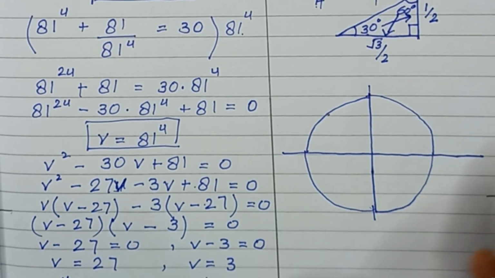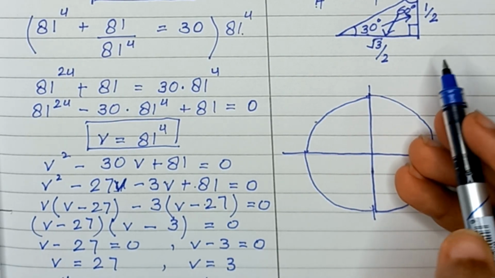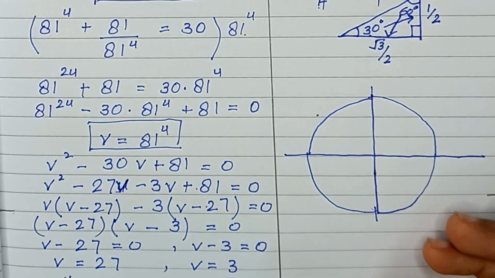Now we will draw our given angles, which are 30 degrees and 60 degrees, and find the values of x between 0 degrees and 360 degrees.